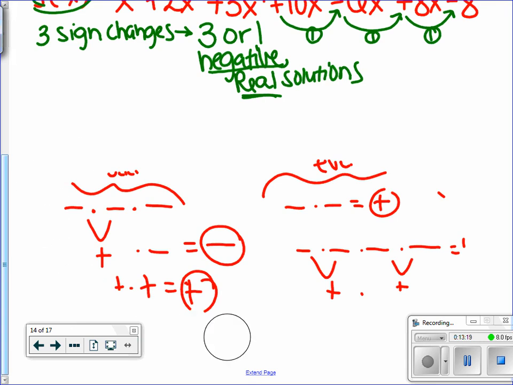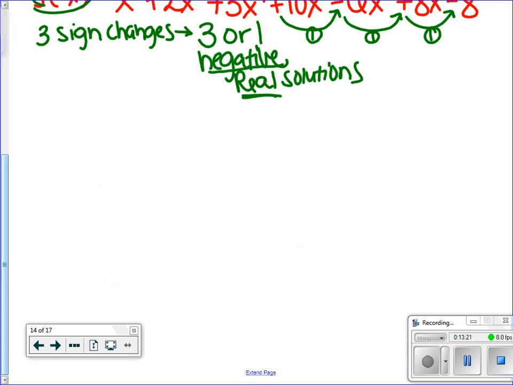Remember, it said find all of the possible numbers of positive real, negative real, and imaginary solutions. So we're going to make this chart here.